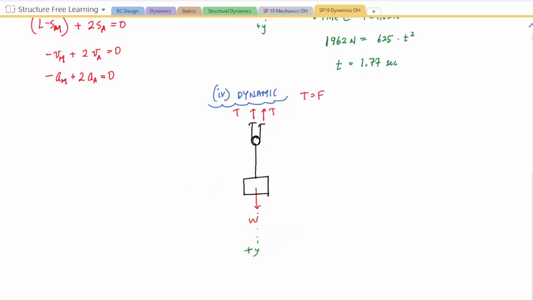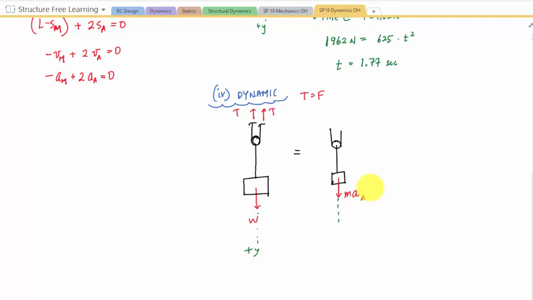And this time, this does not equal 0. This is 1D motion. Here's the pulley. Here's the mass. And I will have an inertial term, at least in the vertical direction. And I will call that MA. It would be MAY, but this is particle A. It's only moving in one direction, so I can call it MAA, okay?